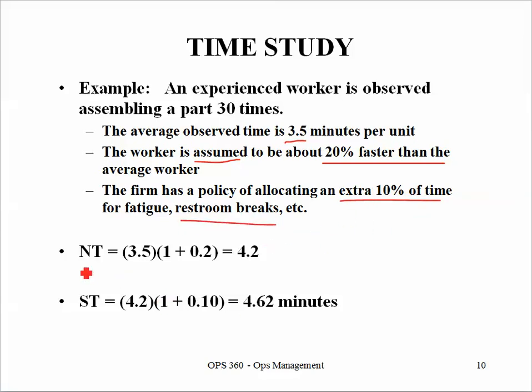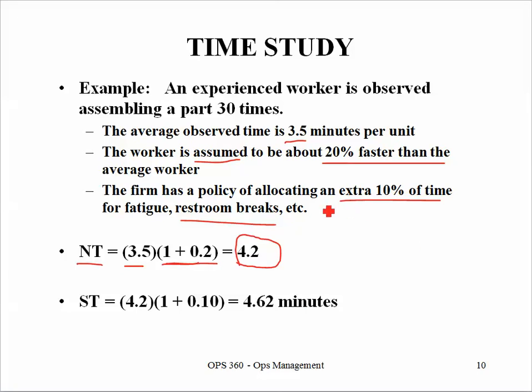So first we calculate the normal time, which is our observed time of 3.5 minutes times our performance rating. The worker's 20% faster, so the performance rating is 1.2. So 3.5 times 1.2 gives me a normal time of 4.2 minutes per unit.